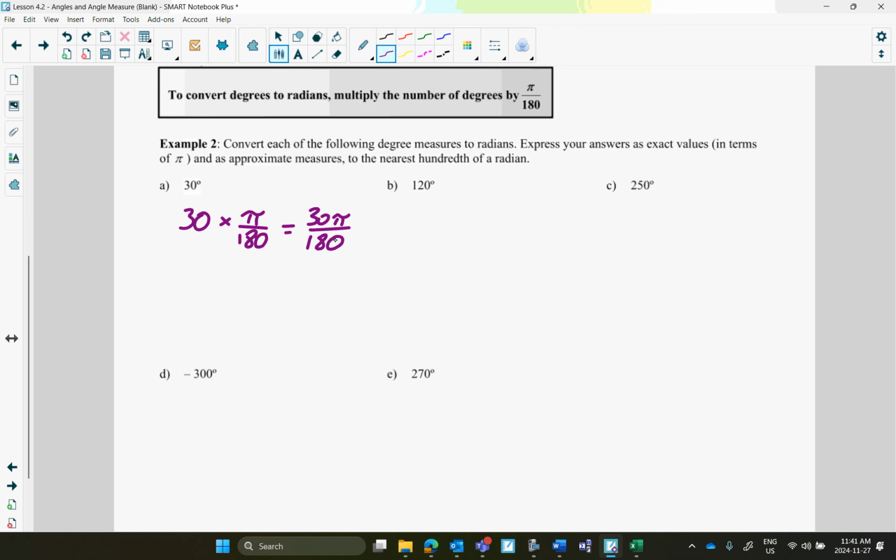But that's not reduced. I can reduce the numbers. What's the biggest number I could divide the top and bottom by? 30. So if I divide this by 30, I get 1. If I divide this by 30, I get 6. So the simplified answer, 30 degrees, is pi over 6.